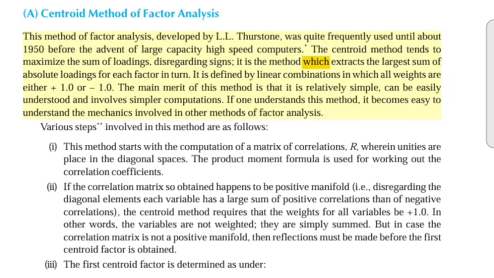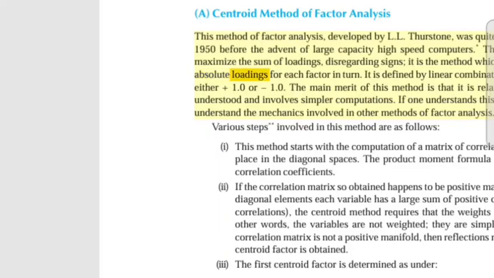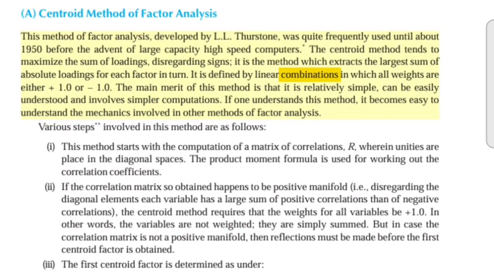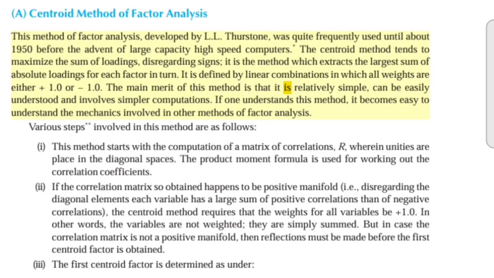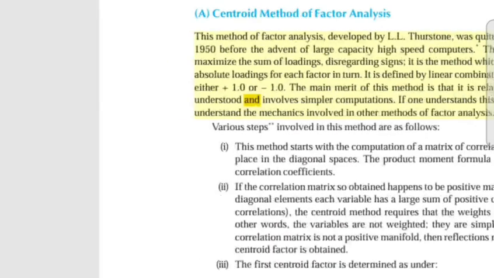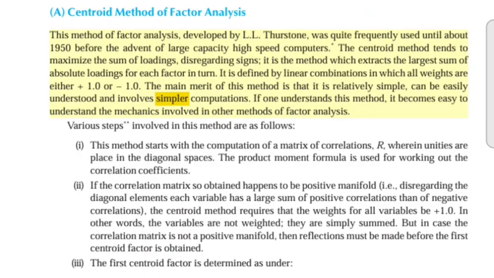It is the method which extracts the largest sum of absolute loadings for each factor in turn. It is defined by linear combinations in which all weights are either plus 1.0 or minus 1.0. The main merit of this method is that it is relatively simple, can be easily understood, and involves simpler computations. If one understands this method, it becomes easy to understand the mechanics involved in other methods of factor analysis.